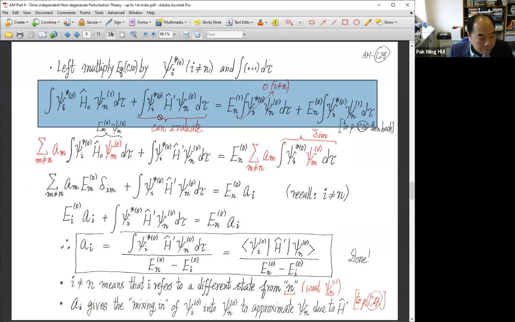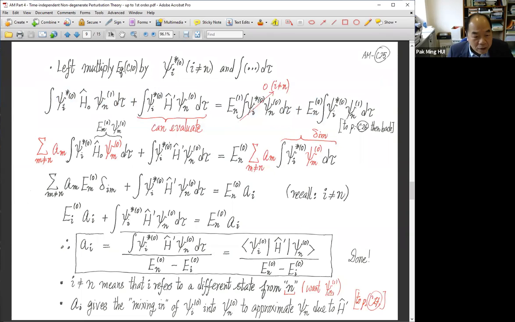So let me get back here. I'm going to substitute in the expansion in the first term and in the last term, okay? So that's what I did in red. Psi n to the first order correction is now written as an expansion, sum of A_m psi m zero, the zeroth order state, but I'm skipping this particular one, okay?